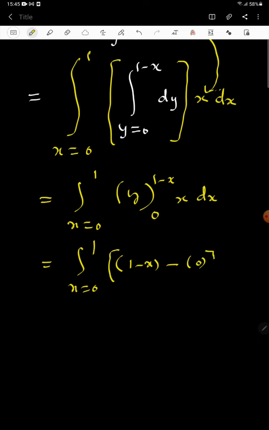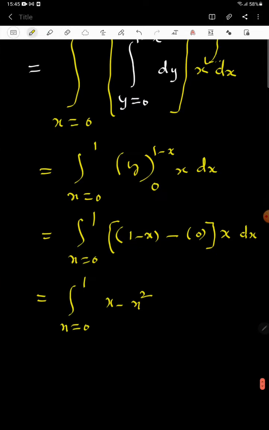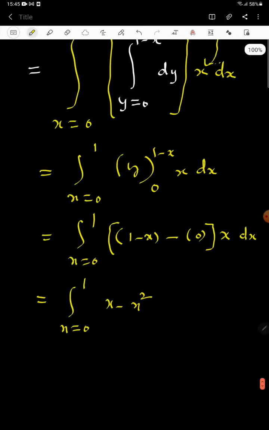Substituting upper limit minus lower limit, we get 1 minus x, and multiplying it with x gives x minus x square. Now we need to integrate with respect to x.